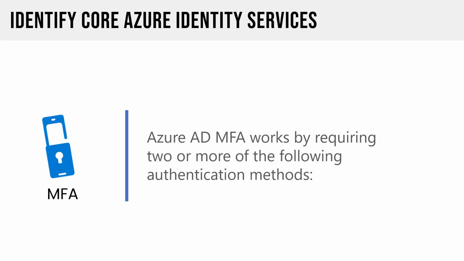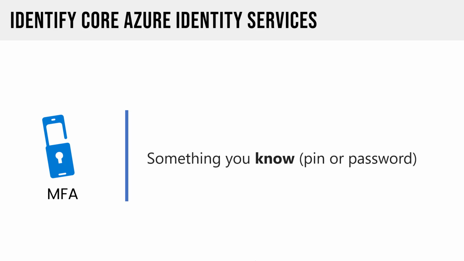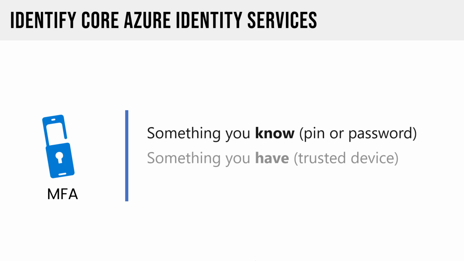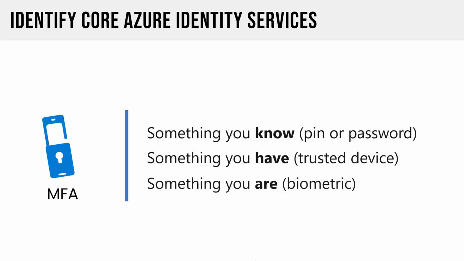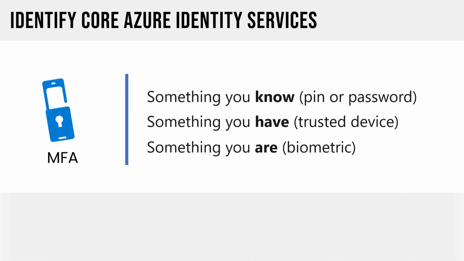Multi-factor authentication. So Azure AD MFA works by requiring two or more of the following authentication methods. So something you know, something you have, like a trusted device, and something you are, biometric, like a thumbprint, for example. So when we look at those second factors, we can use the Authenticator app on our mobile device as the second factor.